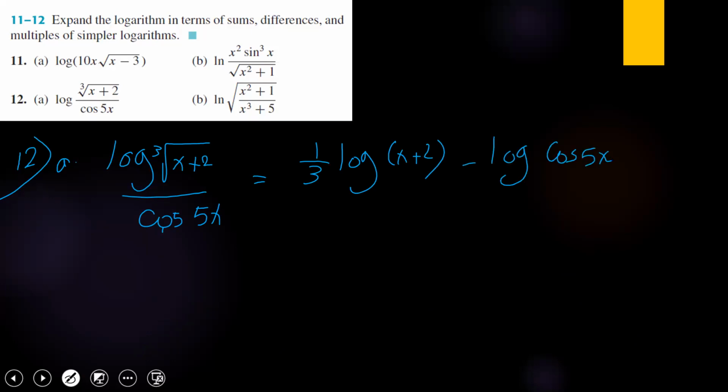Now, don't put 5 outside because 5 is not an exponent. And also don't expand it because it is cosine of 5x. It's not cosine multiplied by 5x. So this is the correct answer.